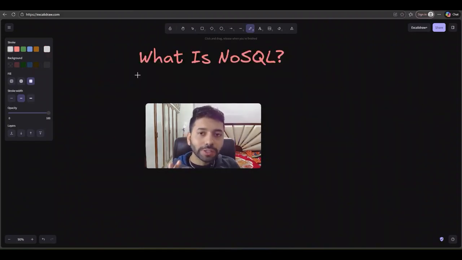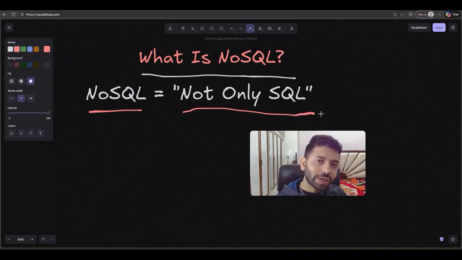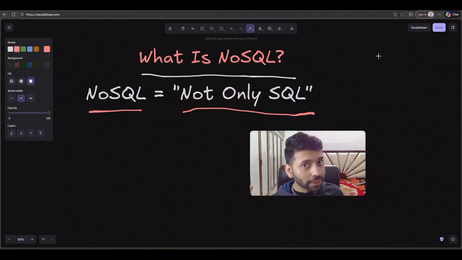All right, the first question that comes to mind is, what is NoSQL? In very simple terms, NoSQL is "not only SQL". We discussed the SQL or RDBMS database, which used to follow properties like strong consistency, follow the ACID properties. It was good at normalization and doing join operations. Now we are talking about NoSQL.